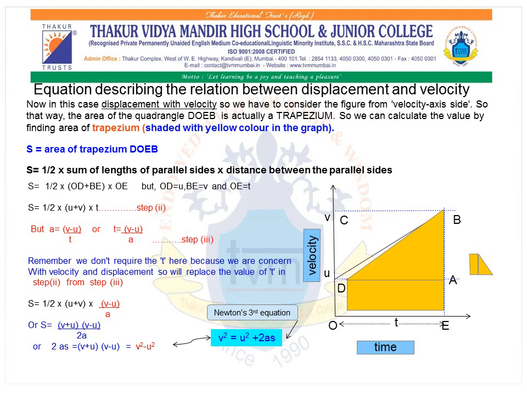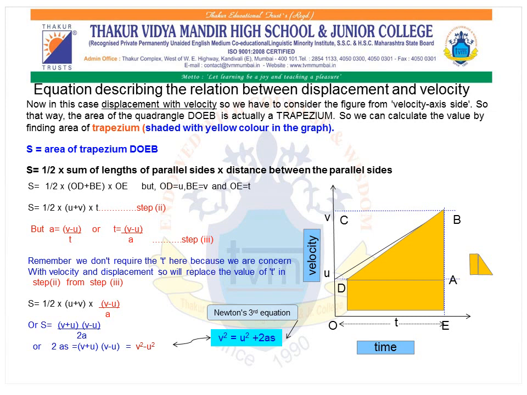So what is the area of a trapezium? The formula is half into sum of lengths of parallel sides into distance between the parallel sides. So S is equal to, with the figure when we keep the values, half into sum of length of parallel sides, OD plus BE, into distance between the parallel sides, which is OE.